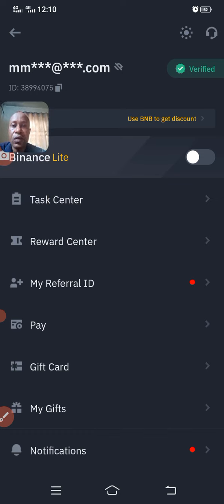Okay, moving forward, you can see stakes center, you see reward center, you see referral ID. This is where you can get your referral ID from Binance. If you refer people by using your own affiliate link, for whoever comes through you, you will get 20% of whatever trade that person makes. You will get a 20% referral bonus from whatever that person is trading.